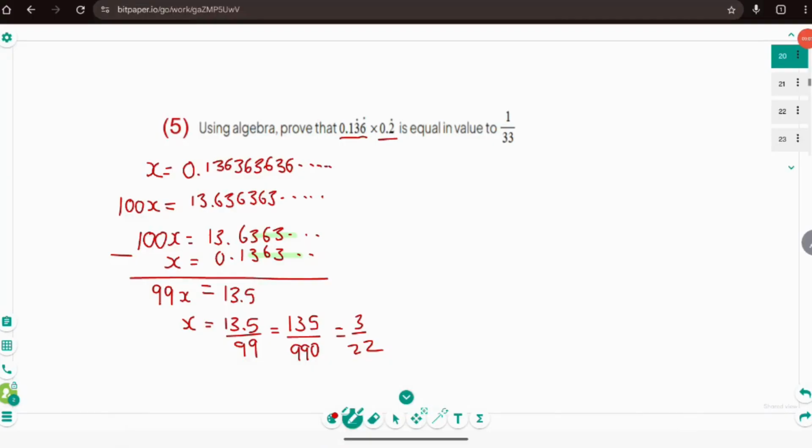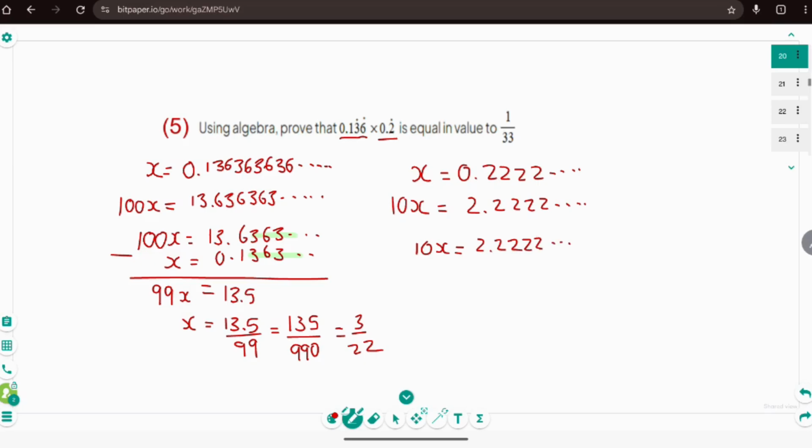Now let's convert the 0.2 recurring into a fraction. So if we look, x equals 0.2222, multiply it by 10 because it's a single digit recurring number. Line everything up together. Subtract. 10x minus x is 9x.